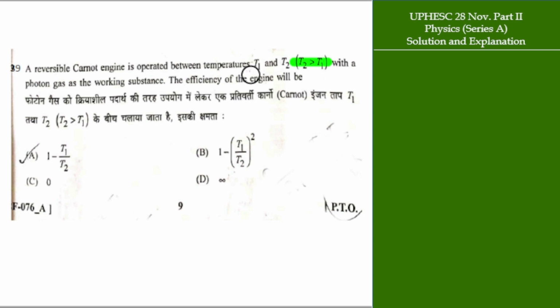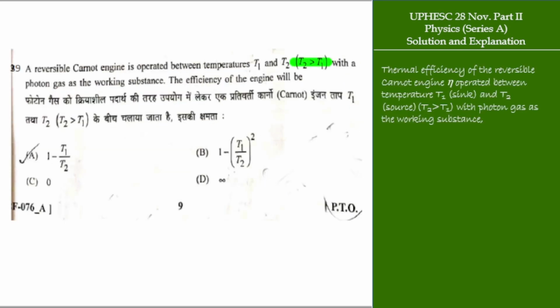So if you remember the conventional formula, it is 1 minus T2 by T1, but actually the efficiency of a reversible Carnot engine is equal to 1 minus the temperature of the sink divided by the temperature of the source.